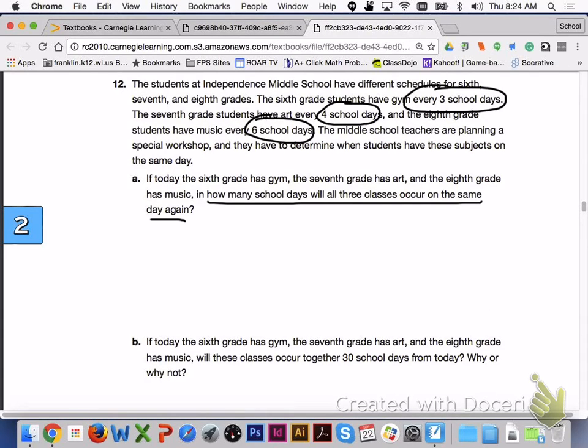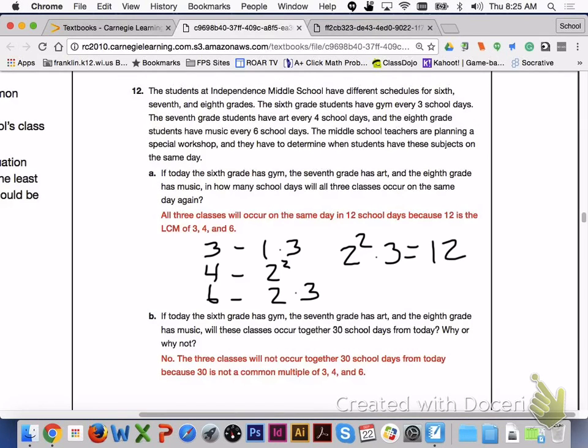Let's turn to the top of page 66 and look at number 12. I would like you to answer letter A and letter B with your group members. If you look first at letter A, all 3 classes will occur on the same day in 12 school days because 12 is the LCM of 3, 4, and 6.